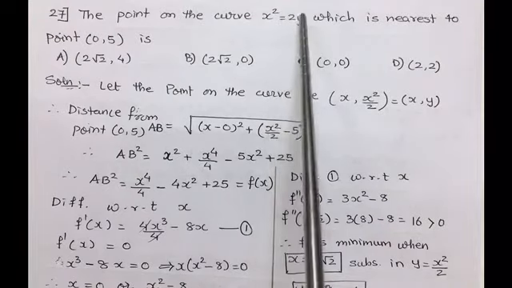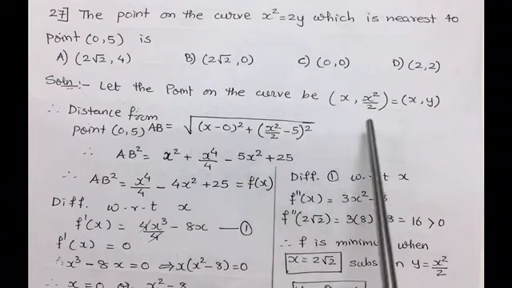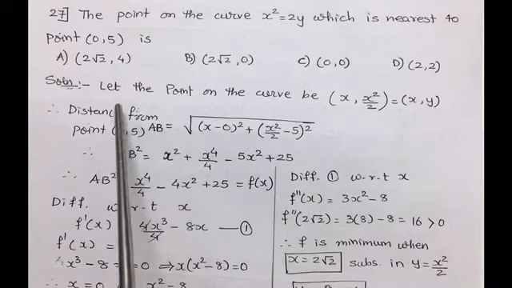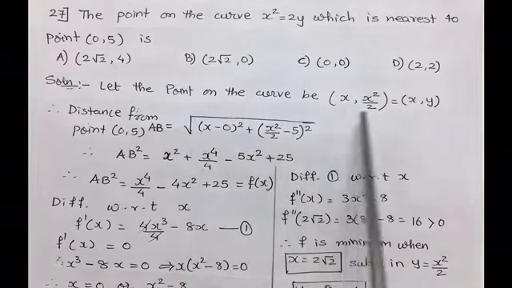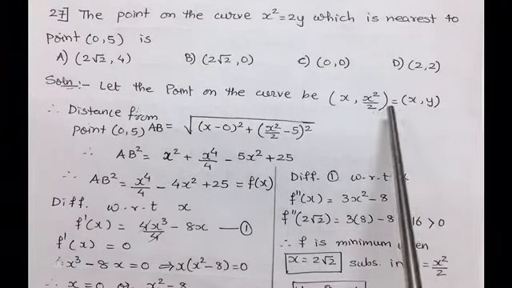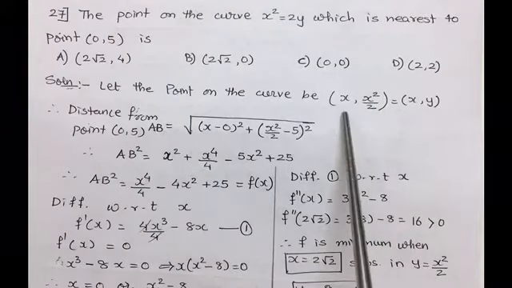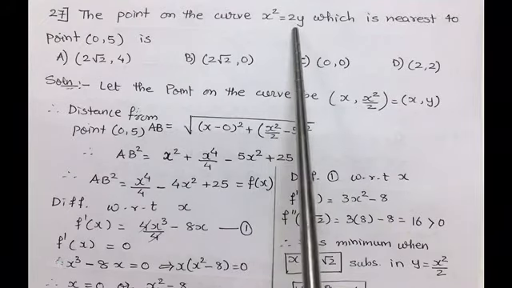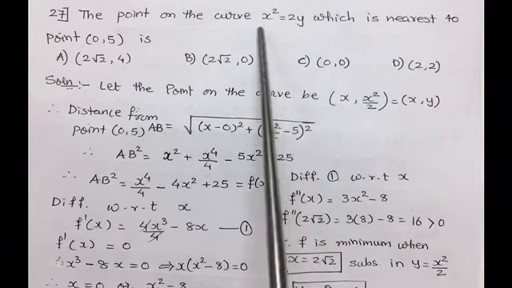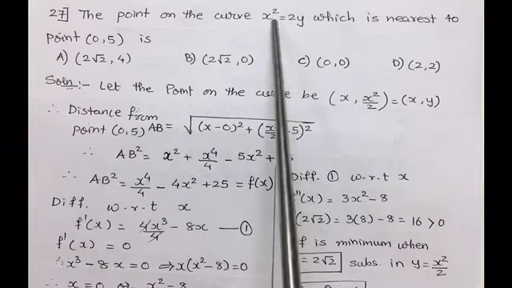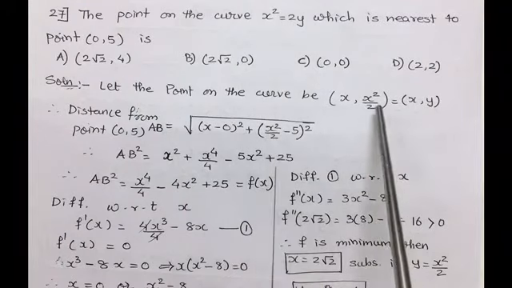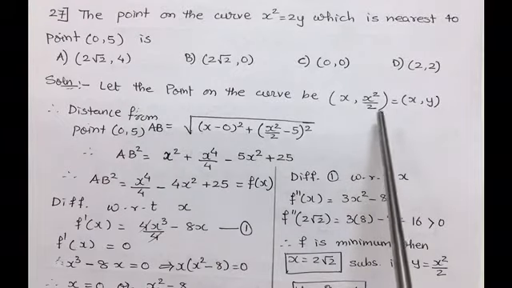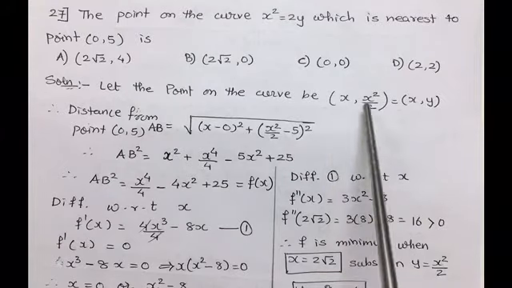Hence, we will convert the equation into a point by taking the point on the curve to be (x, y). We keep x as it is. From this equation of the curve, shifting to the other side, y becomes x square by 2. So the point (x, y) becomes (x, x square by 2). This is the point on the curve.